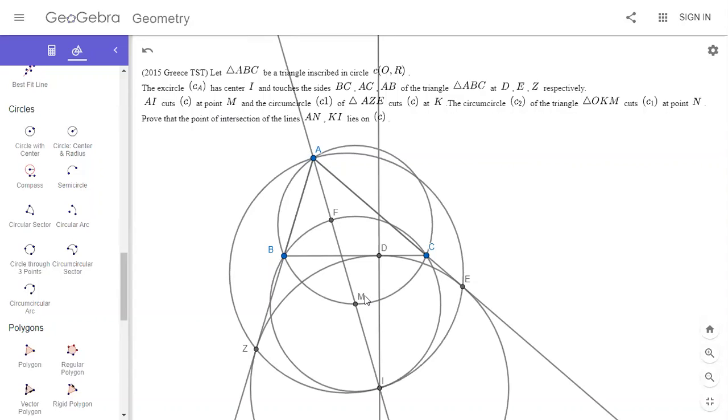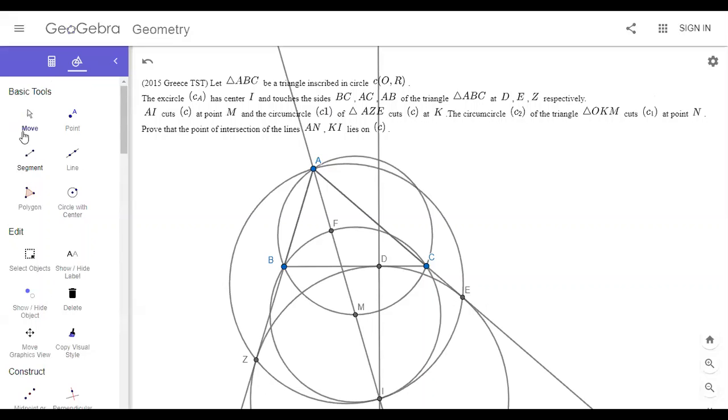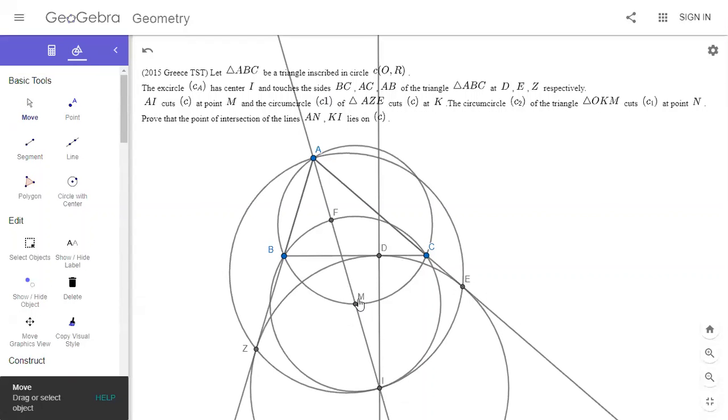AI, it cuts one of the circles at M, and it cuts the circumcircle. What is the circumcircle C1? Maybe I didn't copy this right, or maybe I have to go look at it. AI cuts ABC at K. Well, it says it's the circumcircle of AZE. AI cuts C. Wait.